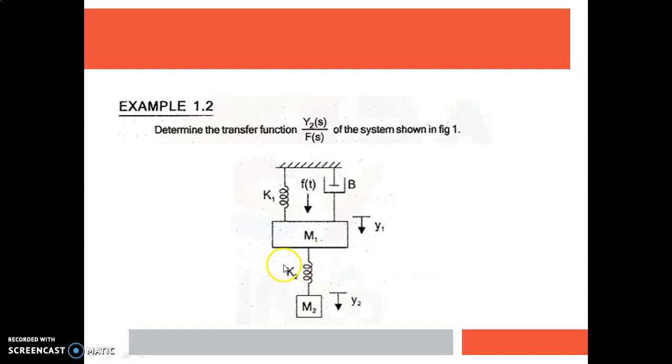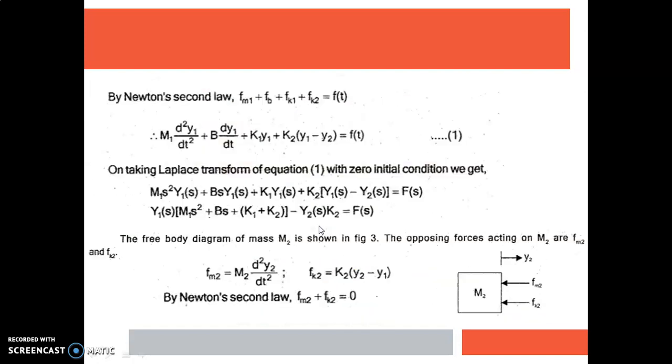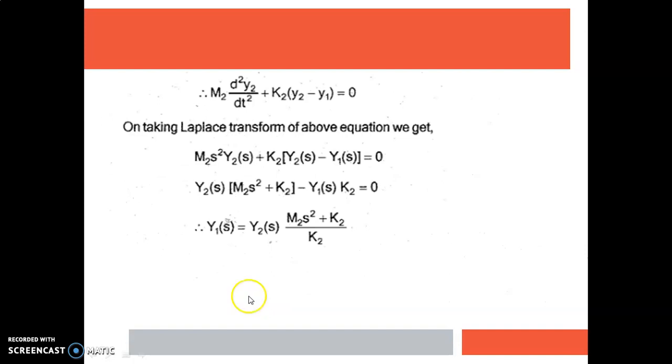So in order to find Fk2, it is K2 into y2 minus y1. Now we substitute and then take the Laplace transform. This will become m2 s square y2 of s plus k2 into y2 of s minus y1 of s is equal to 0.